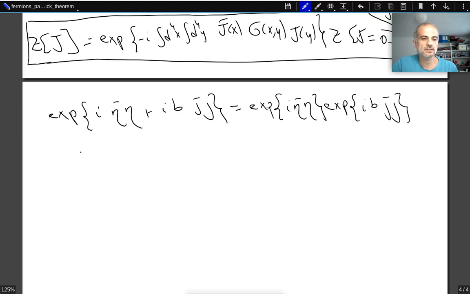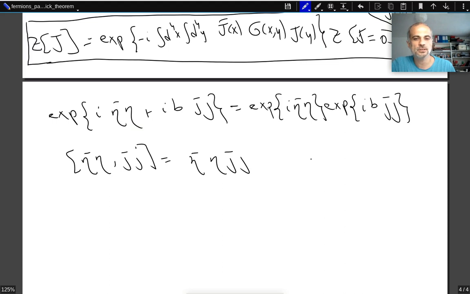Let's calculate their commutation relations, η̄η and j̄j. Well, I'm just using a shorthand notation. Here we have many integrals over x, etc., but it doesn't really change our argument here. This will be η̄η j̄j minus j̄j η̄η.